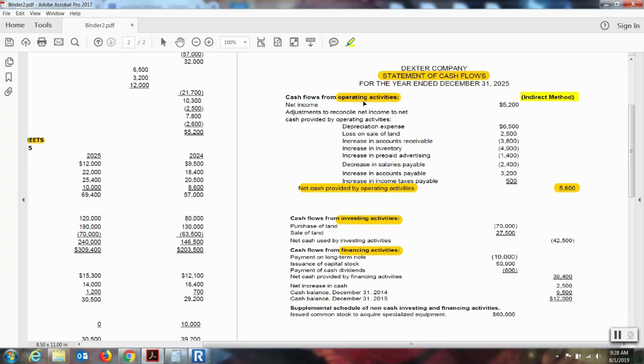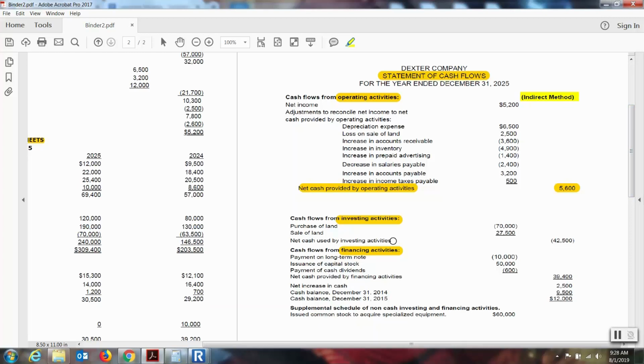The operating activities begin with your net income from the income statement, and you make adjustments to that net income by adding back any non-cash expenses, removing loss or gain on the sale of land or equipment, and then you analyze each of your current assets and current liabilities and make adjustments to the net income based on some particular rules. So please go out and review that video if you haven't seen that on the operating section. Now we're ready to examine the investing section.